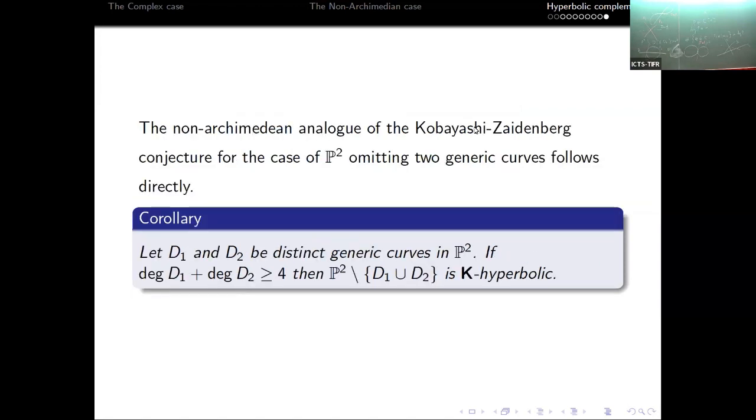So from this, we get the Griffith-Zeidenberg conjecture for K of P2. If D1 and D2 are generic curves in P2, then the complement in P2 is hyperbolic. All of these results can also translate to integral solutions of curves, which number theorists are interested in.